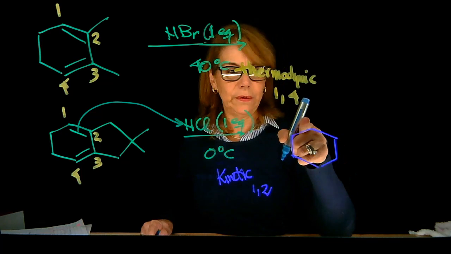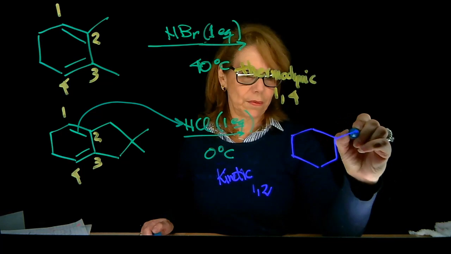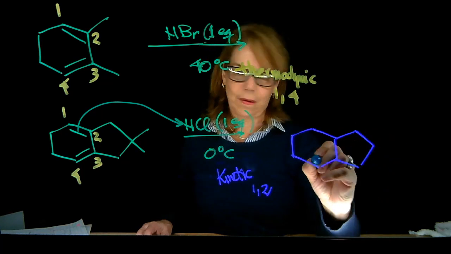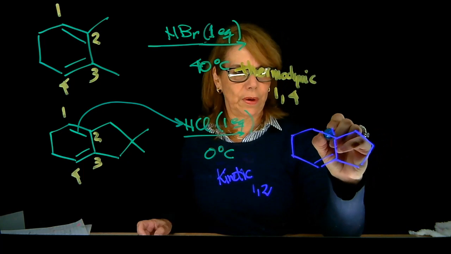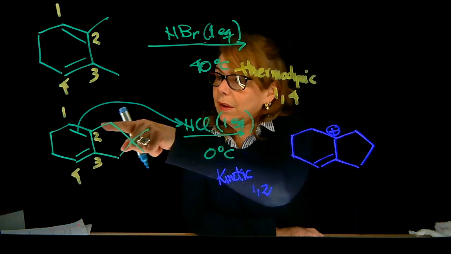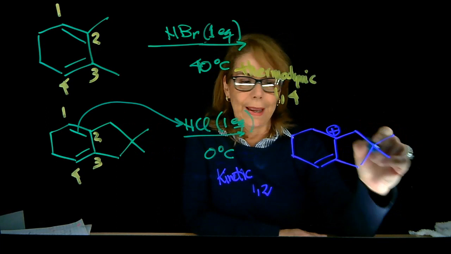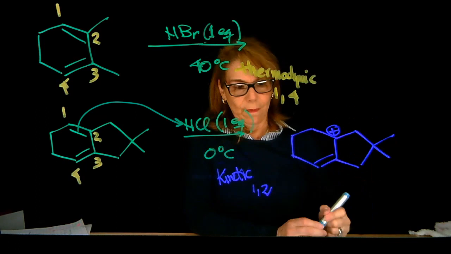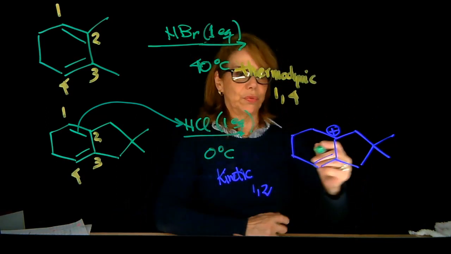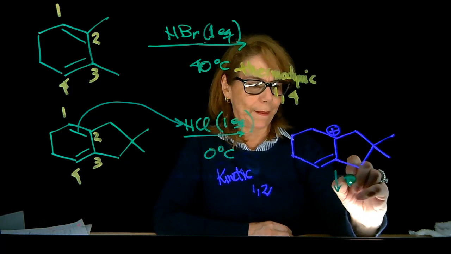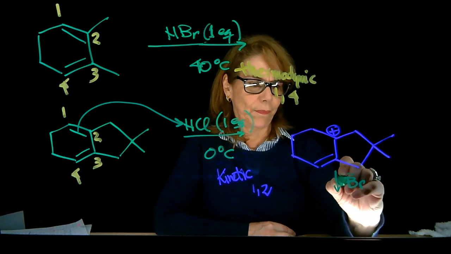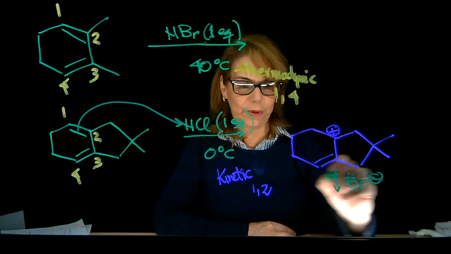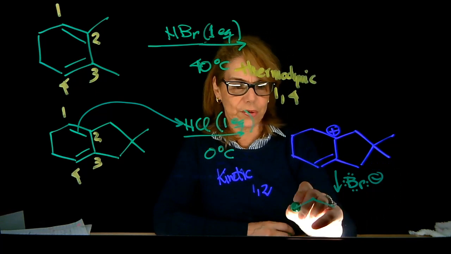For the 1,2 addition, if the H has been added here, I'm going to have my carbocation here at carbon 2, and that's where the bromide is going to attack, and we're going to form the 1,2 addition product.